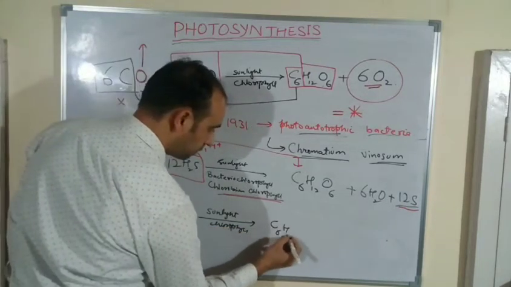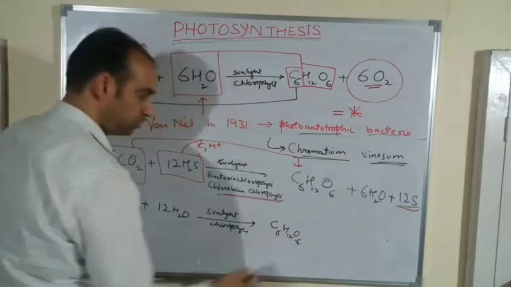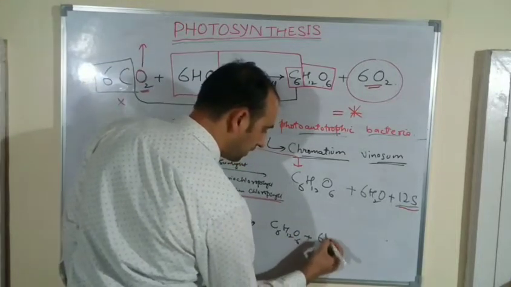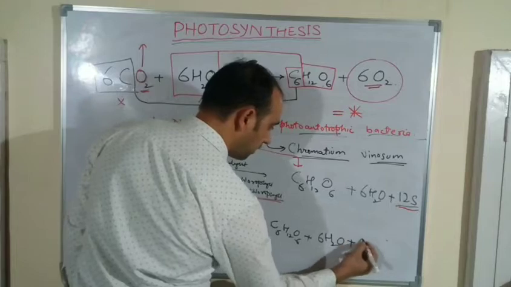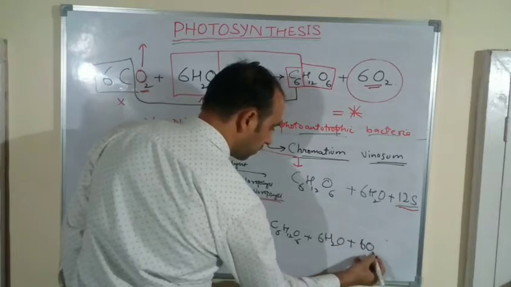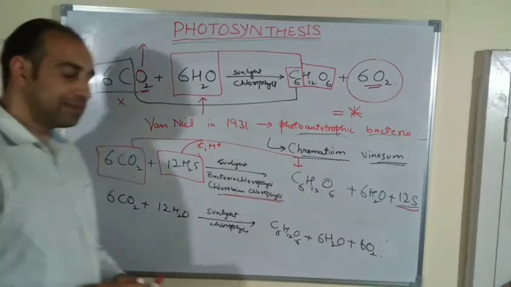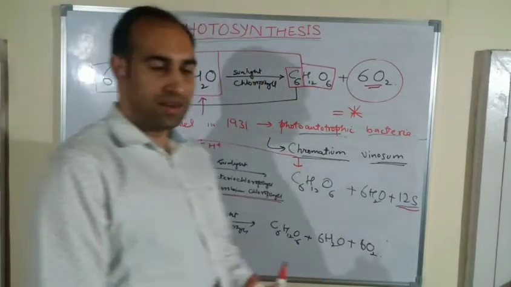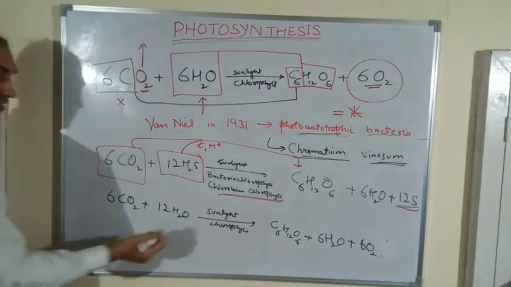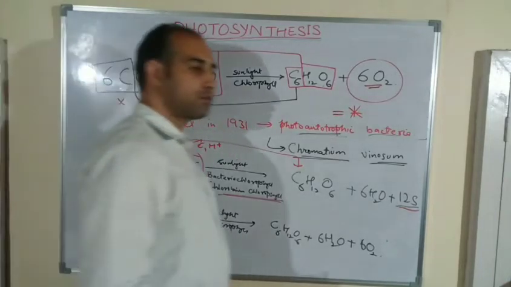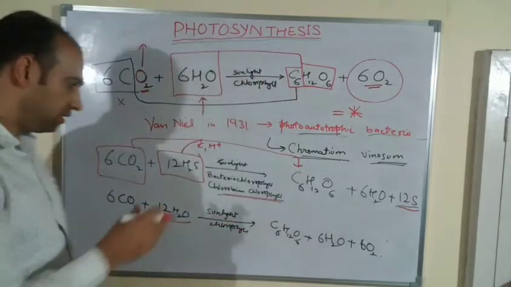It produces the food, the sugar molecule, plus 6 times water plus 6 times oxygen. From this model, it is clear that the oxygen released during photosynthesis comes from the water and not from the carbon dioxide.